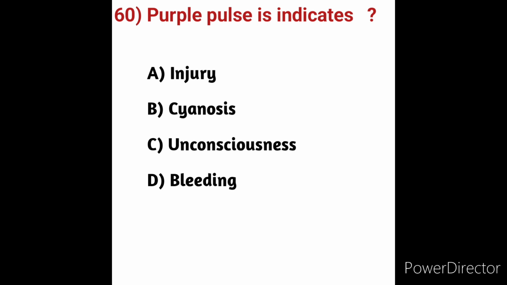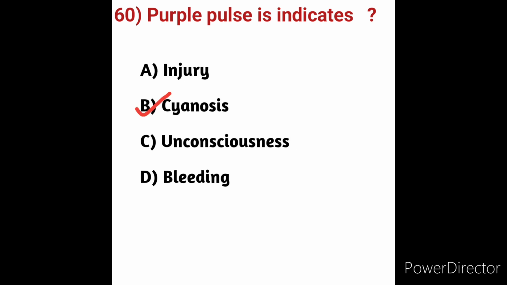It can be a sign of a serious health problem. This is a life threatening problem, and we have to take immediate medical attention or call emergency, 999. So the purple pulse indicates option B, cyanosis, which is the correct answer.